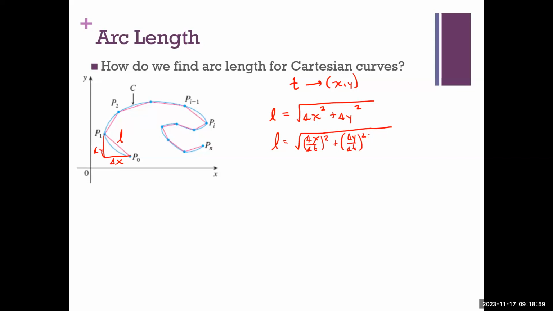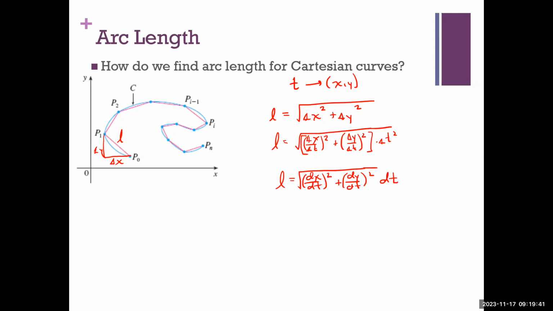But I can't divide by delta t squared unless I multiply by delta t squared. I'm doing this all in deltas, so these are big changes, but if I limit these so they become very, very small, I can think of these as derivatives. So the way I find an arc length is the square root of the derivative of x with respect to t squared plus the derivative of y with respect to t squared, dt.